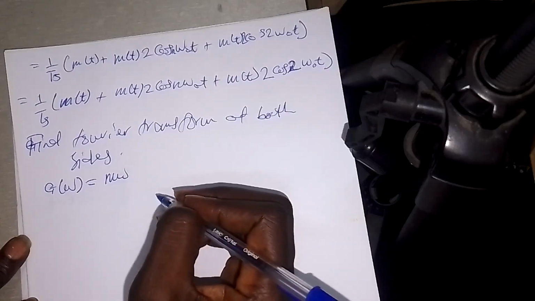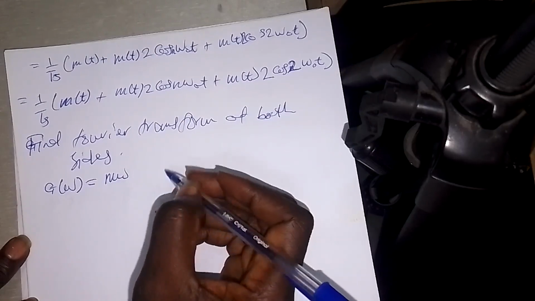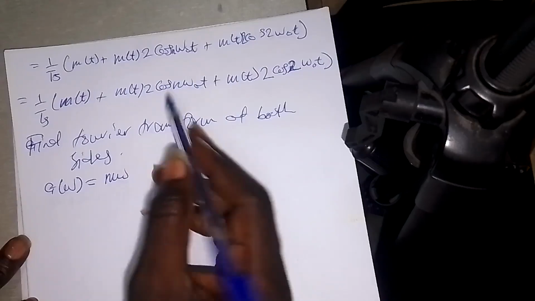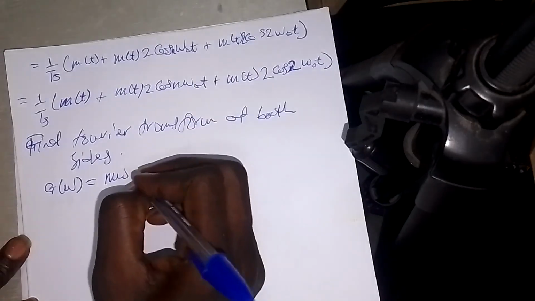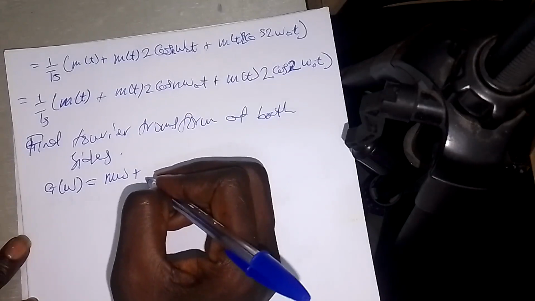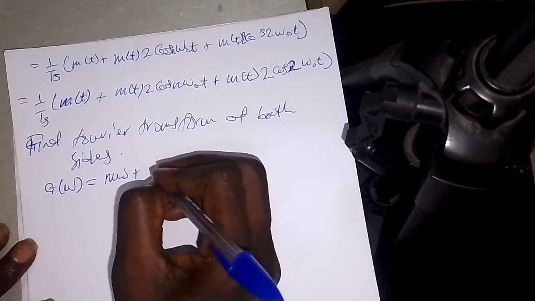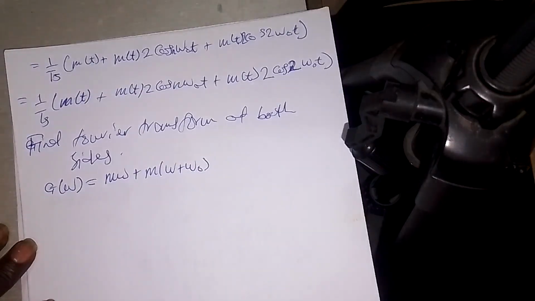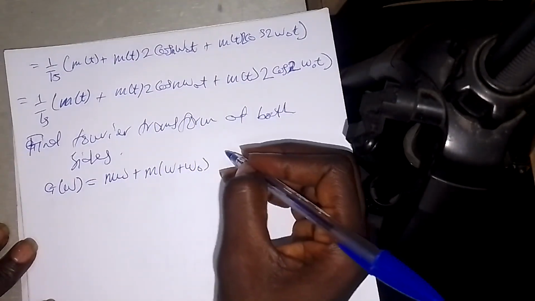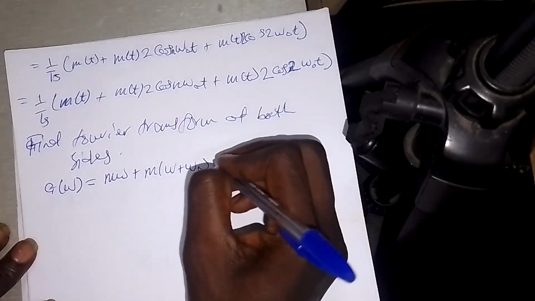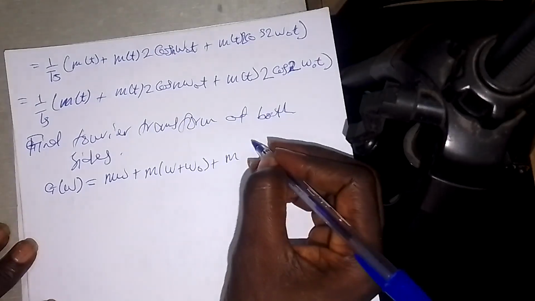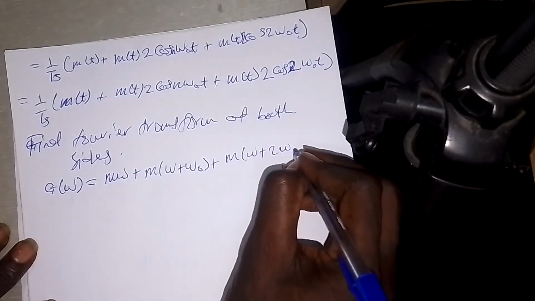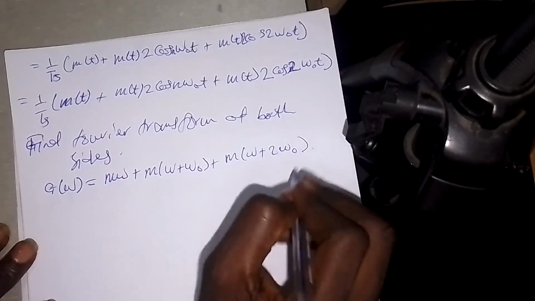Then here, if I find for here, what you should know is that I'm going to get plus M of omega plus omega naught. Why am I saying that? And then here too, I'm going to get plus M of omega plus 2 omega naught. Why?